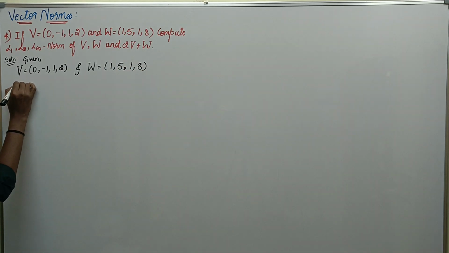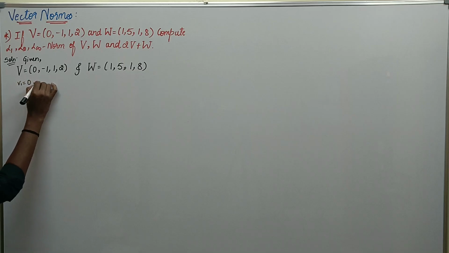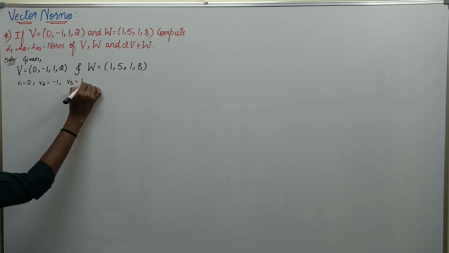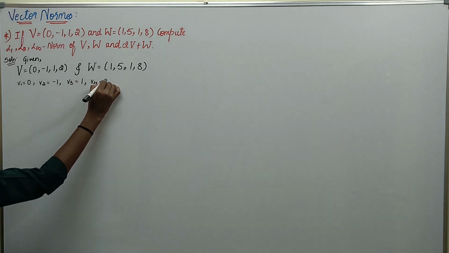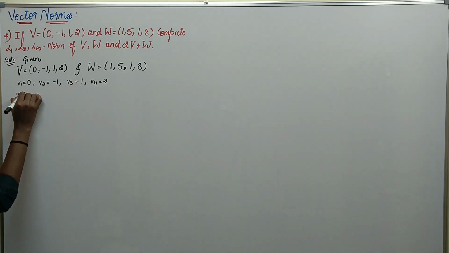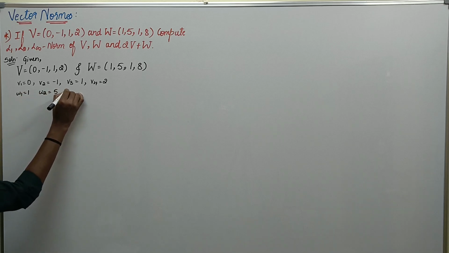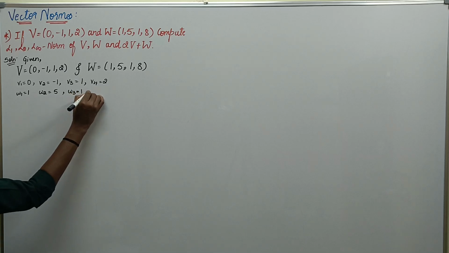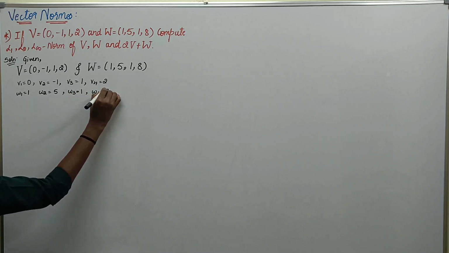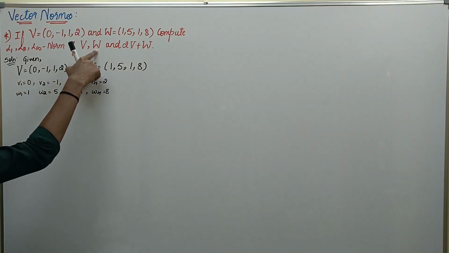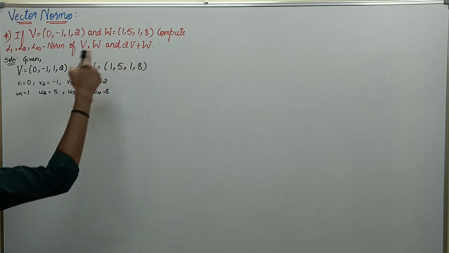Where V1 represents 0, V2 represents -1, V3 represents 1 and V4 represents 2, and W1 will be 1, W2 will be 5, W3 will be 1 and W4 will be 8. Now considering this, we have V, we have W, but we don't have 2V plus W.